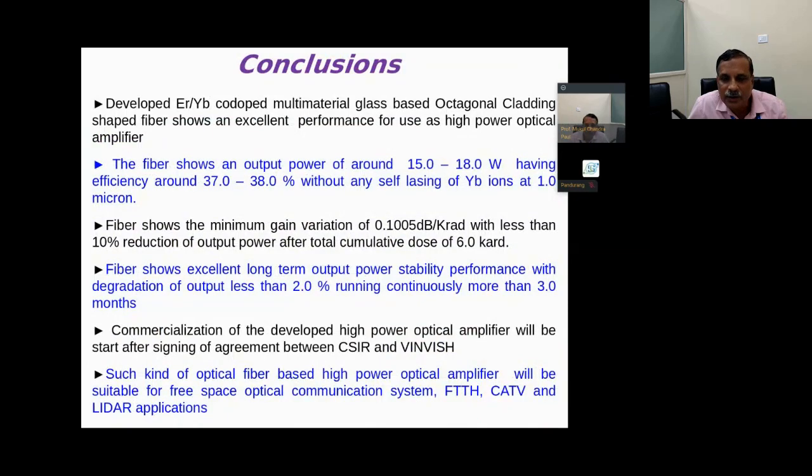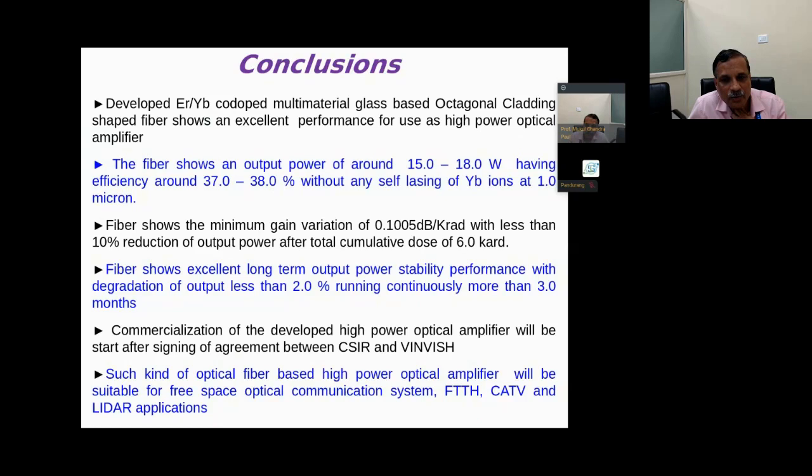So the final conclusion of this amplifier is that we have developed multi-material based erbium doped fiber which shows excellent performance, gives 15 to 18 hour long-term output power stability, and also prevents self-lasing. We have measured a gain variation of 0.1 dB per kilorad with less than 10% reduction of the output power after a total cumulative dose of 6 kilorad.